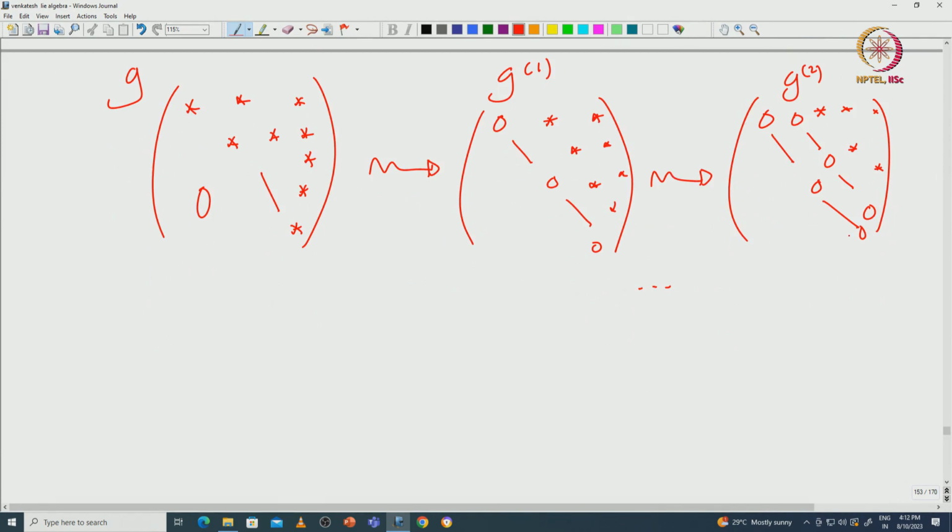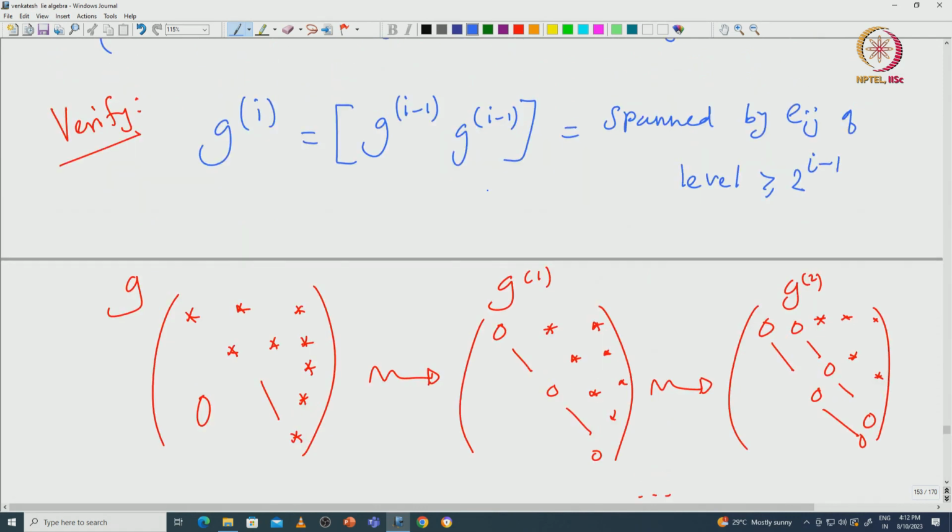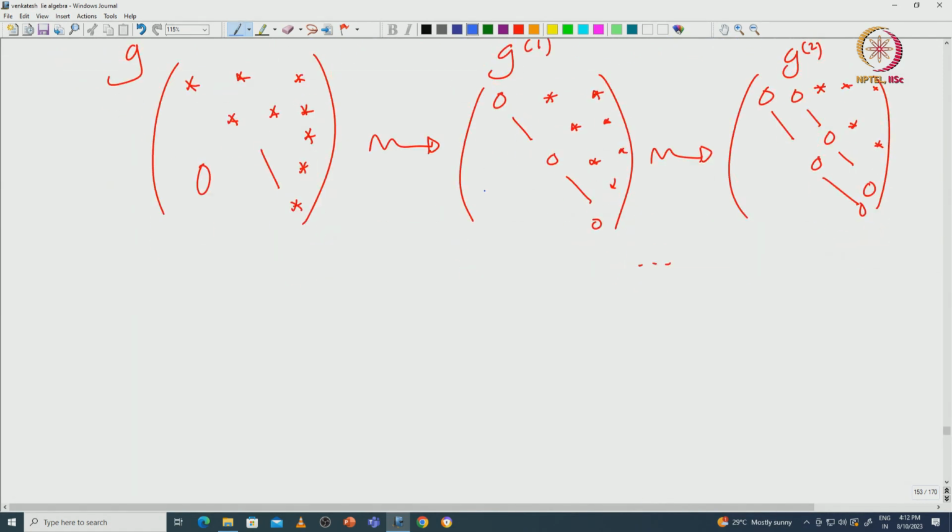So, that tells that if you take this G power I for sufficiently large I, that will be 0. Actually, the I also can be determined very explicitly using this level. Whenever 2 power I minus 1 is greater than n minus 1, then you have this thing 0.